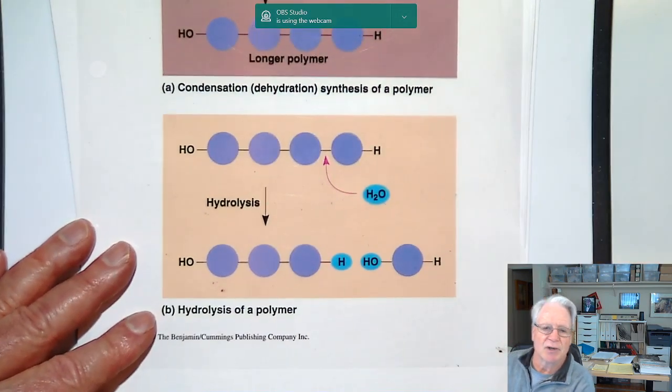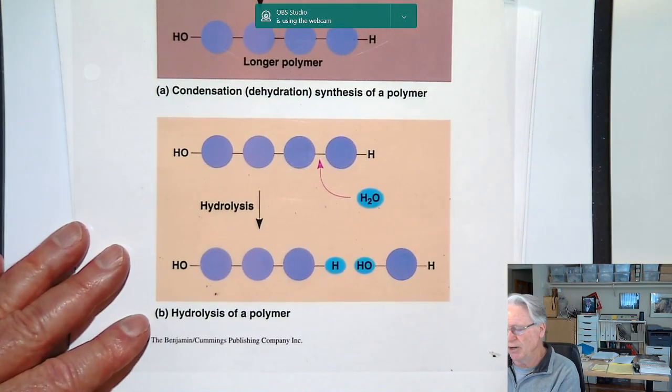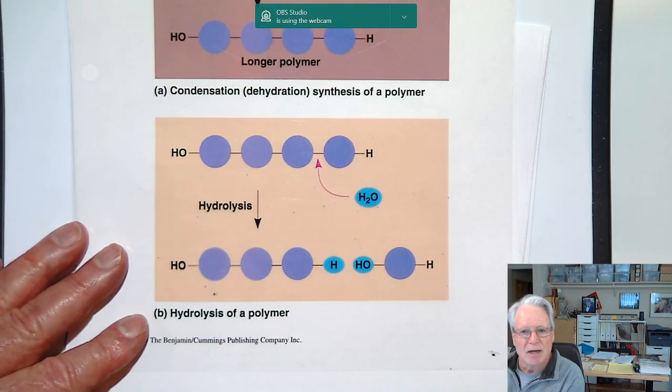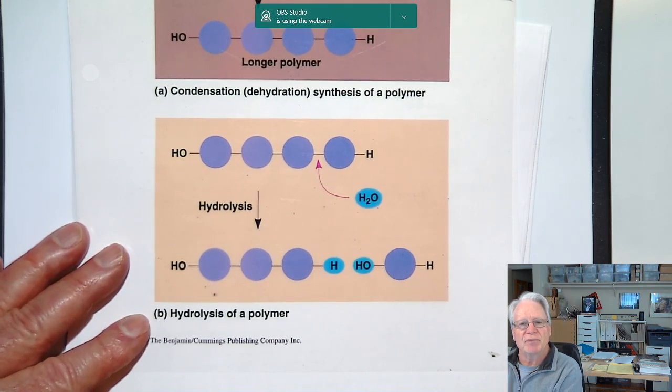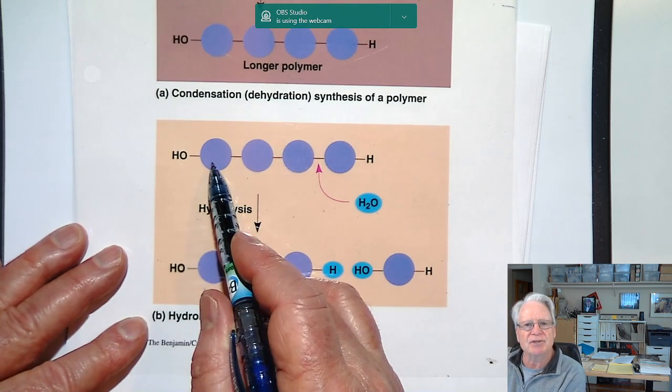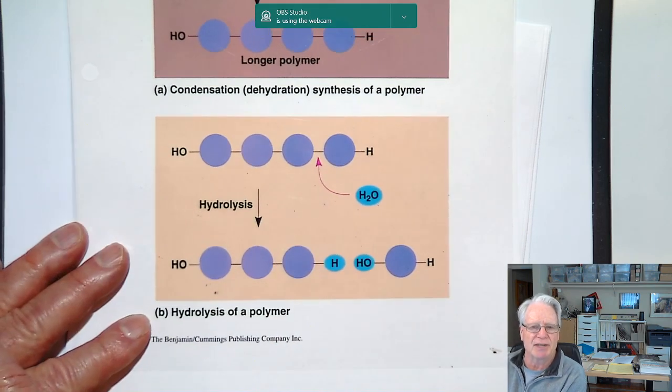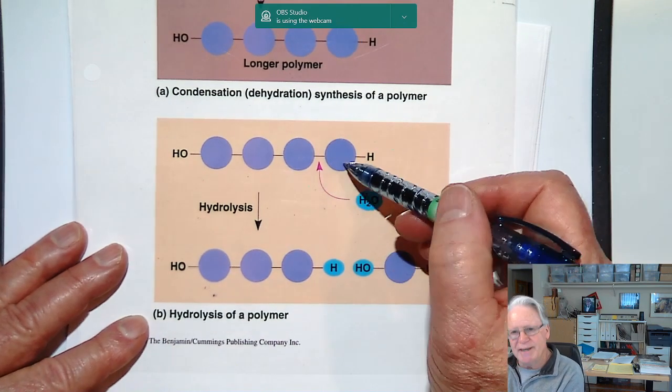So hydrolysis of a polymer. A polymer is a large molecule composed of many subunits, all of which can be the same. So at the top of the image, you see 1, 2, 3, 4 blue dots. They could be anything, amino acids, whatever, doesn't really matter. And what we want to do is break off that last one.